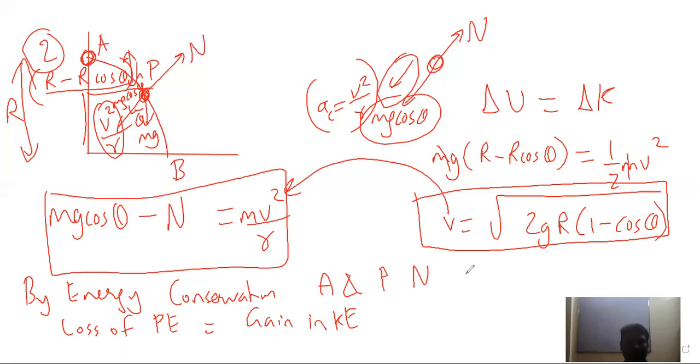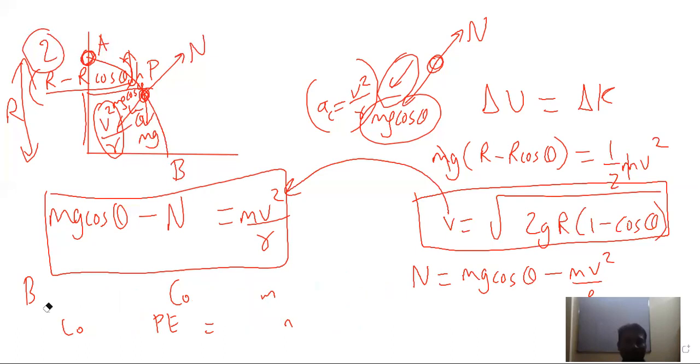So the normal reaction comes out to be mg cos theta minus mv square by r.